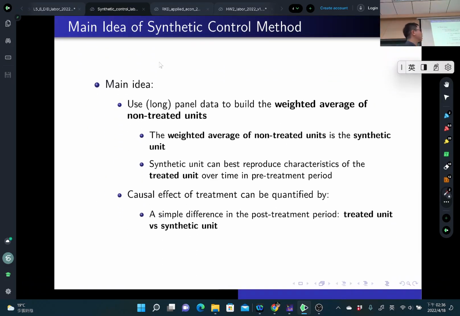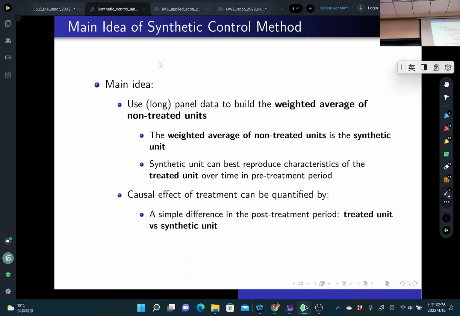So what is this? The main idea is you use a long panel data to build the weighted average of non-treated units, and use this weighted average outcome for the non-treated units to construct the so-called synthetic unit. This synthetic unit basically can best reproduce the characteristics of the treated unit over time during the pre-treatment period.